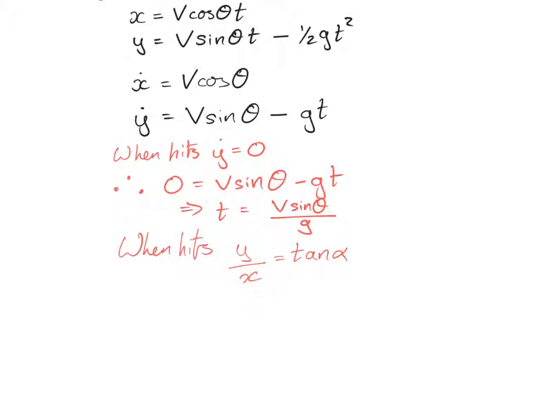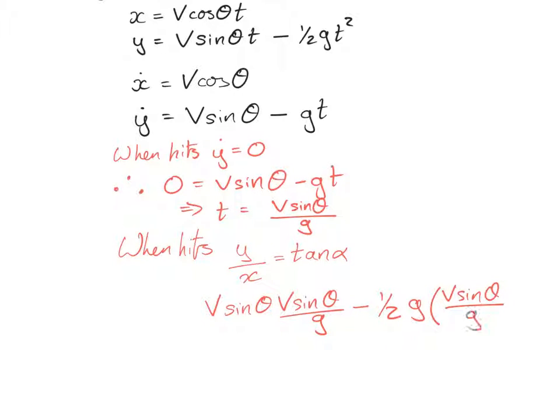So the y value is v sine theta t, which is v sine theta v sine theta over g, minus a half g v sine theta over g squared, over x, which is v cos theta t.